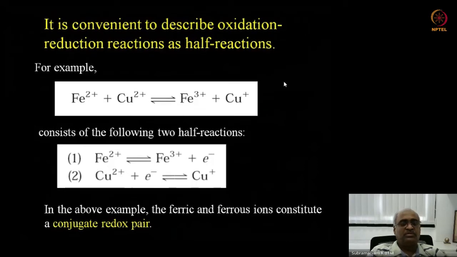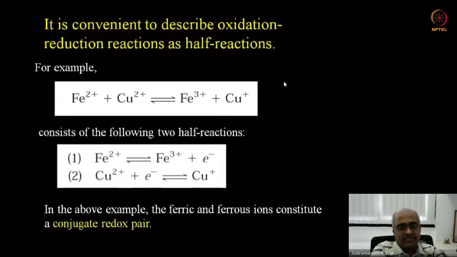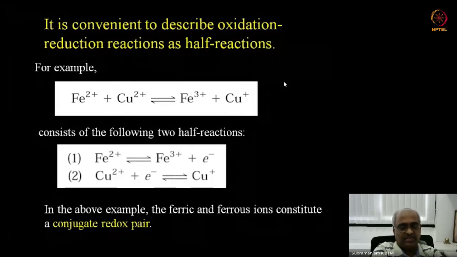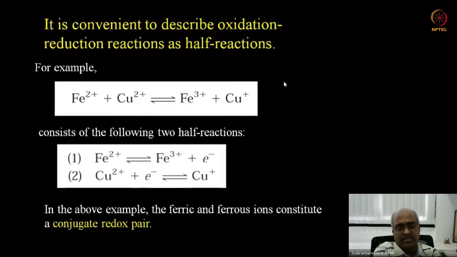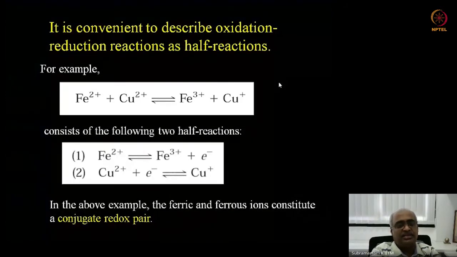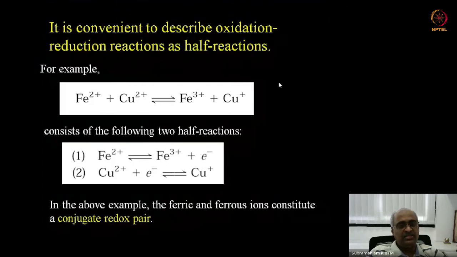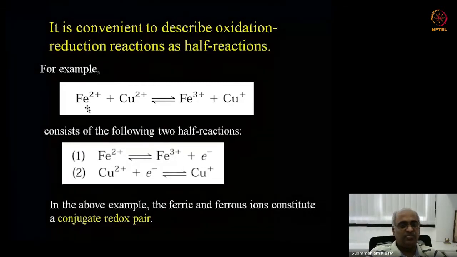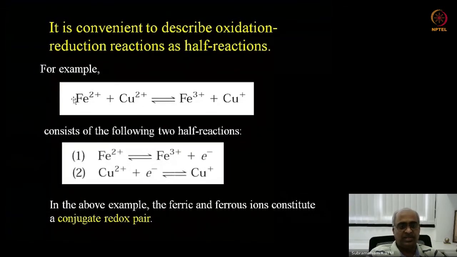These oxidation reduction reactions involve oxidation, losing electrons, and reduction, accepting electrons. It is convenient to consider them as half reactions. Following gives you an example of what a half reaction is. See, let us see here. Ferrous becomes ferric.